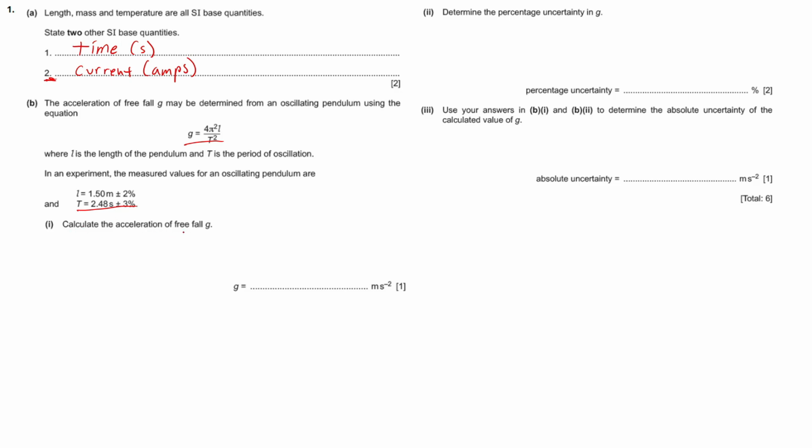Calculate the acceleration of freefall g. They give us an equation and values, so we can simply plug in the values. It's going to be 4 pi squared times L, which is 1.5, divided by T squared, which is 2.4 squared. Then you just use your calculator to do this.